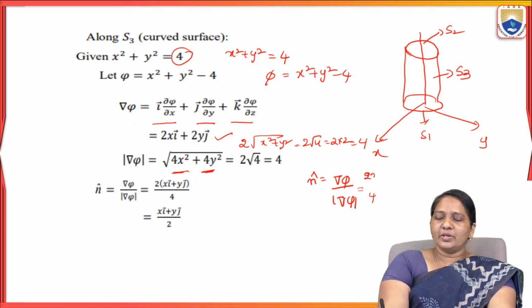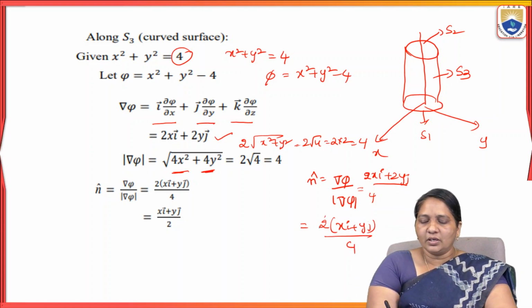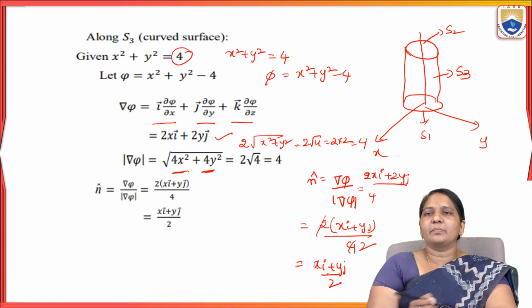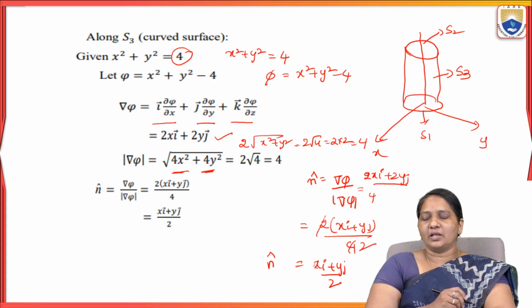Here it is 2xi plus 2yj by 4. Simplifying, taking 2 common, we get xi plus yj by 2. This is the n cap value.